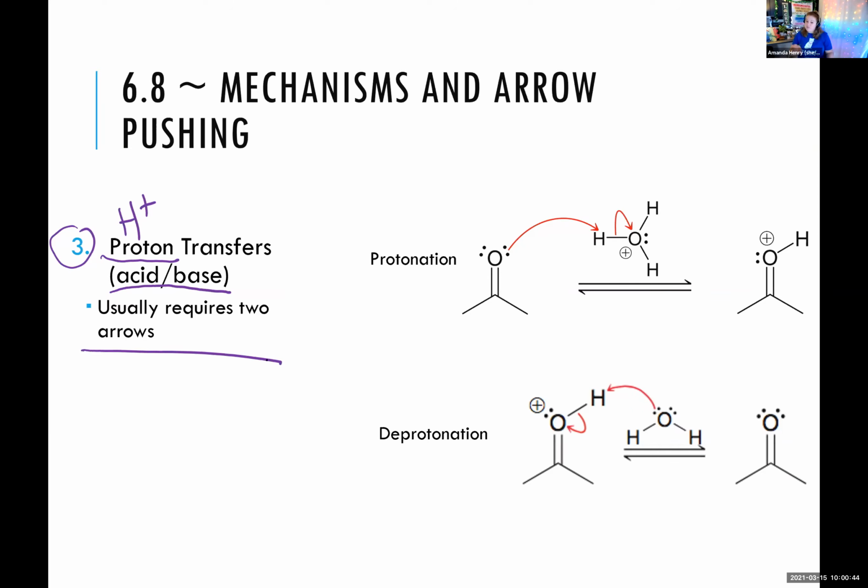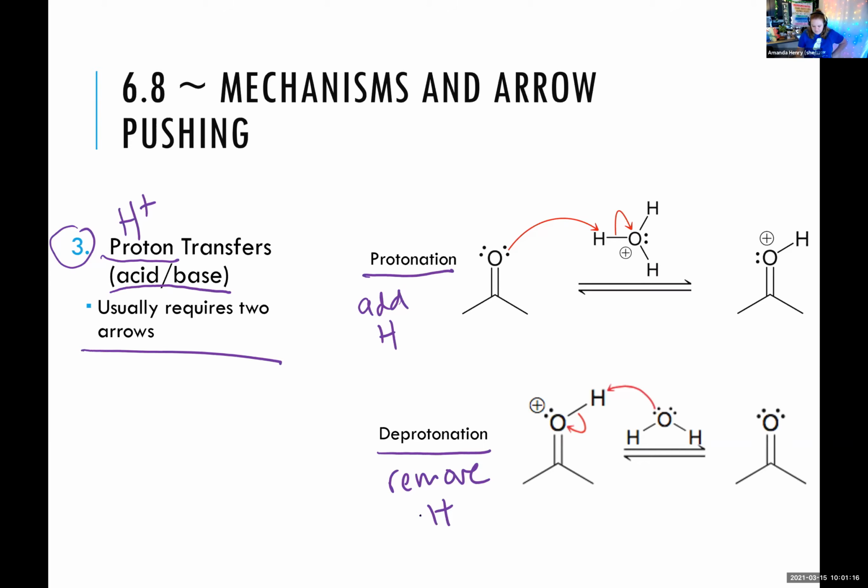So this was the first example I showed you. And this is the only other type of mechanism we've looked at in a previous chapter. We're going to break it down into 2 subcategories though. And really this is just so that we can use this language, protonation and deprotonation. So protonation means that we're adding a hydrogen and deprotonation means we're removing a hydrogen.